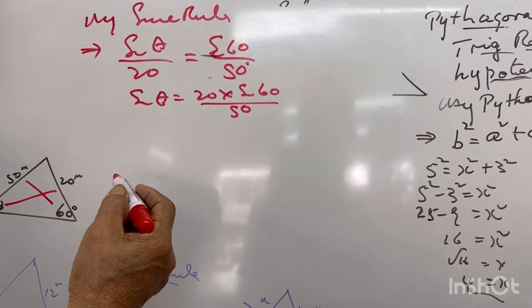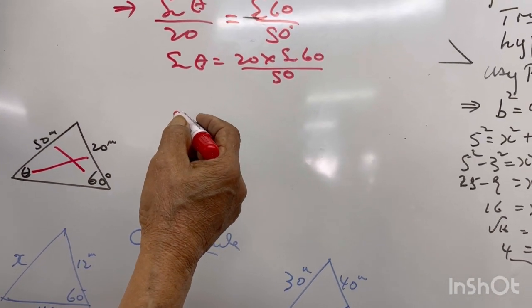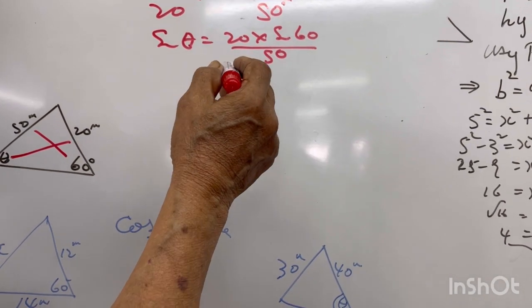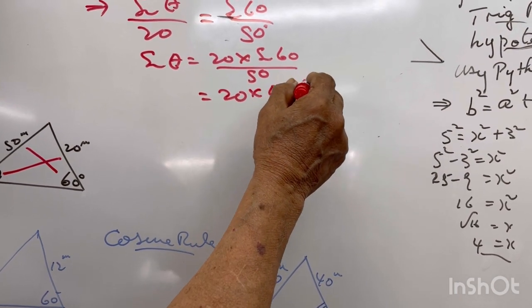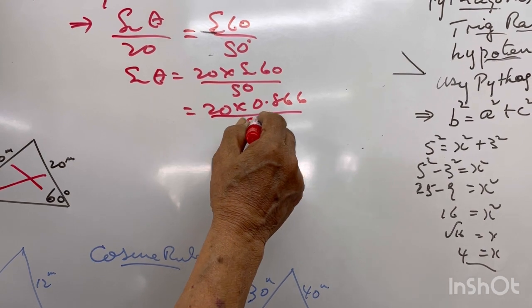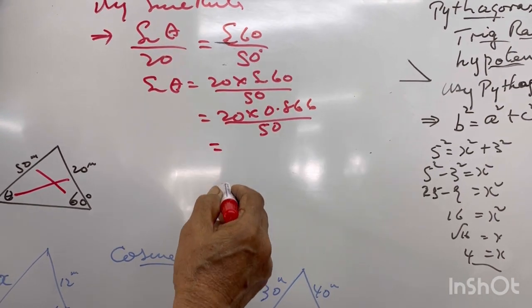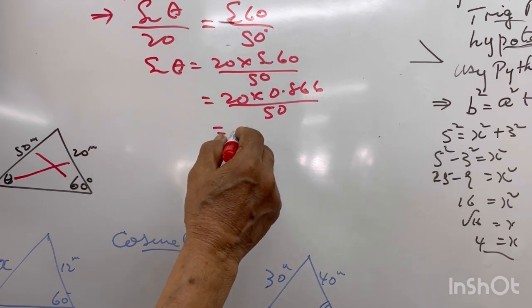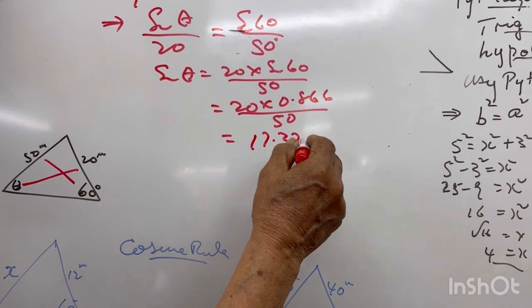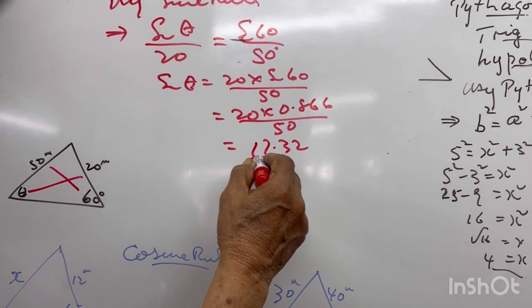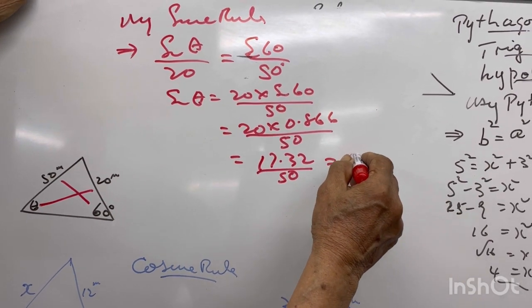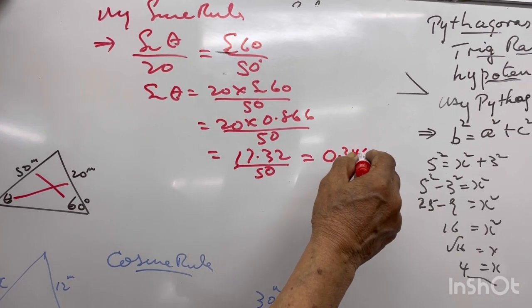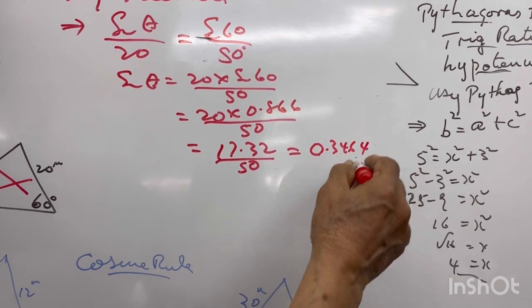And 20 times sine 60 over 50 is equal to 20 times sine 60, 0.866 over 50. I'm going to multiply that and that to get 17.32 over 50. And that's equal to 0.3464.